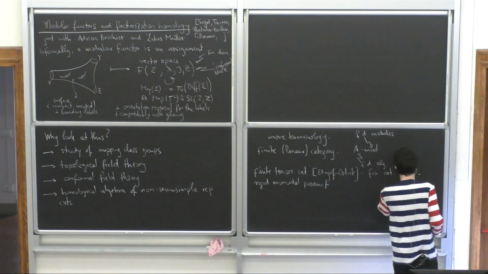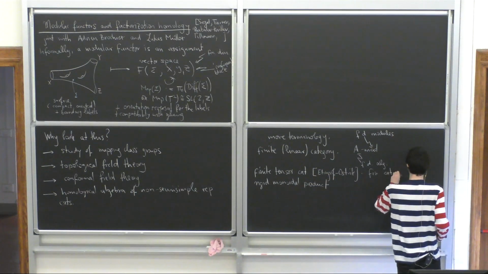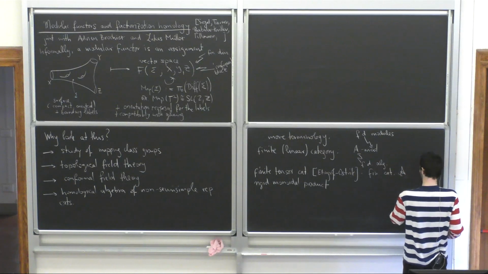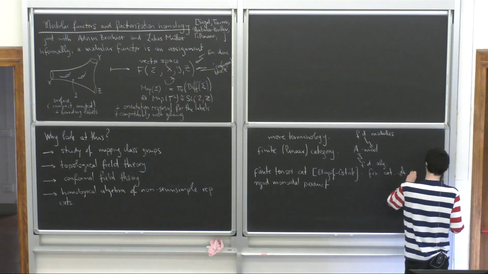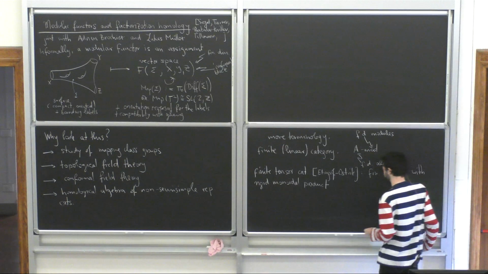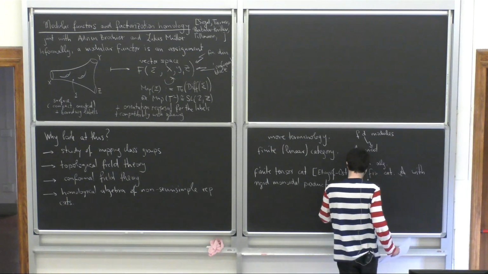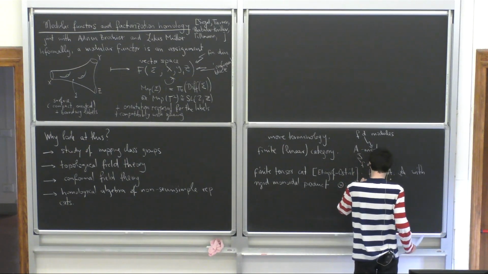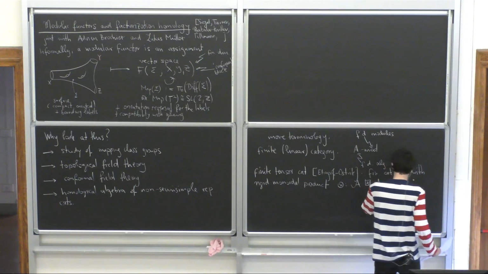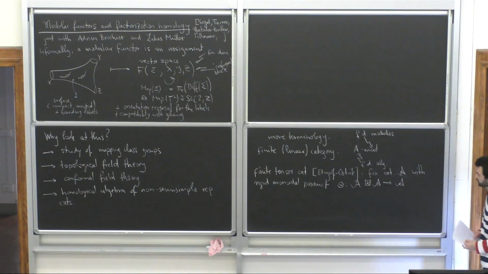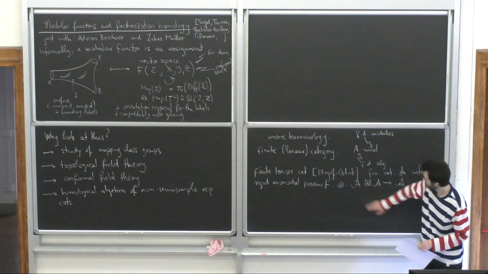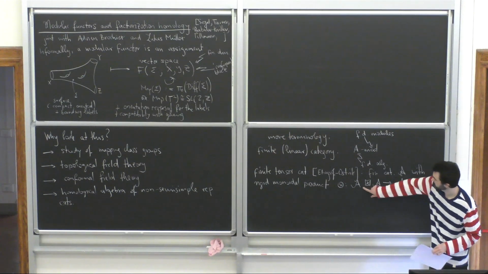So let's give a name to this, A. And this monoidal product, it's defined on the linear product of linear categories.